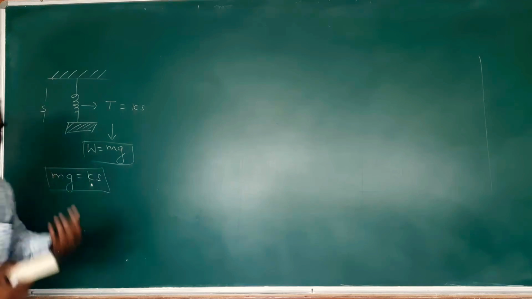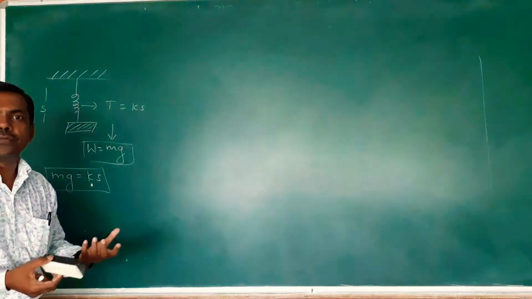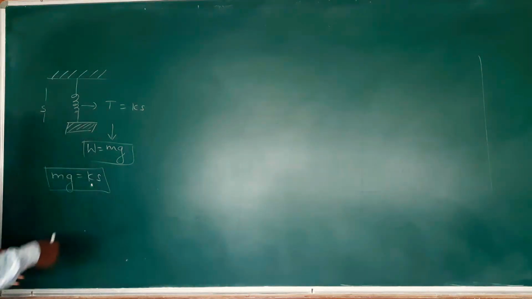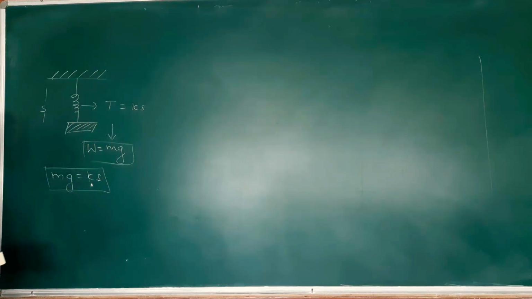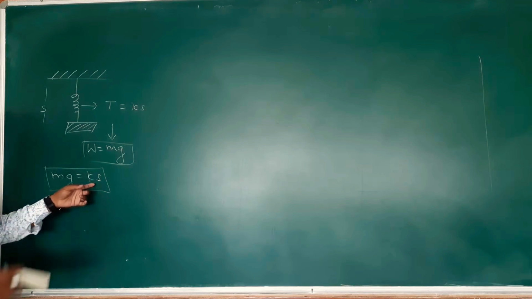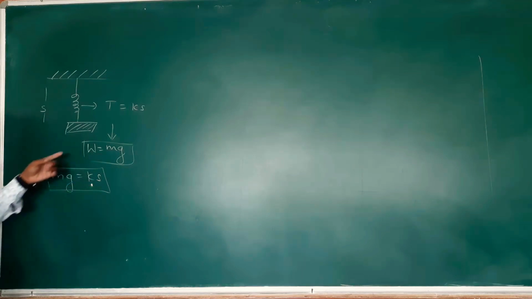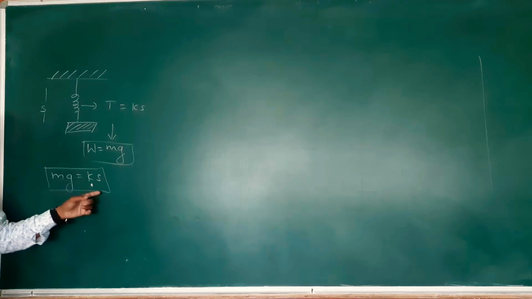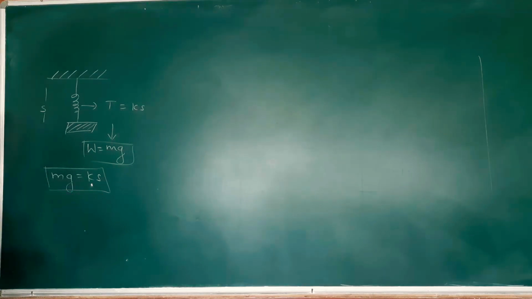Just like in any experiment we need some constant, in the same way we need the constant K here. In the very first step, if I know K, then I can solve the problem easily. So at the equilibrium position, I get mg is equal to Ks. You have to remember this equation.